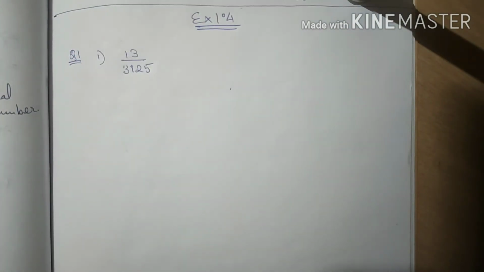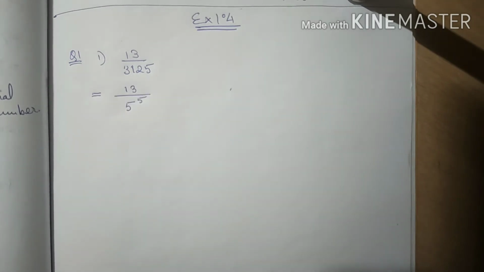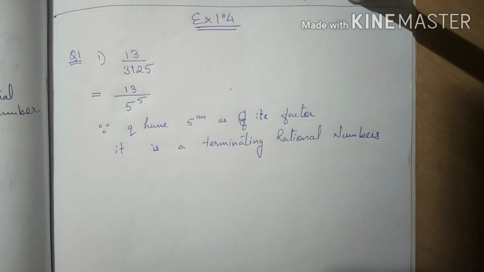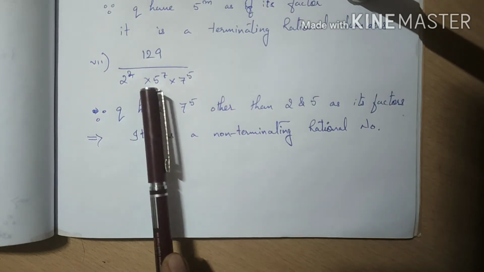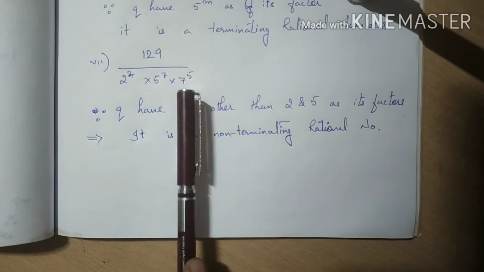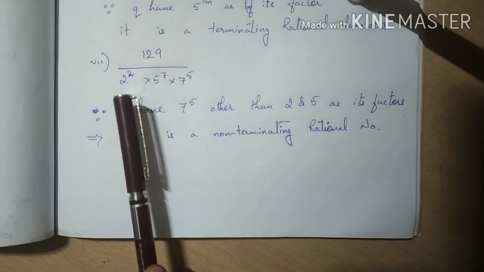In this question we need to check whether this is a terminating or non-terminating expansion. Simply finding the prime factors of 3125, we get this. So we can state that it is a terminating rational number. Let's do one more question. So here q has 2 and 5, of course, but it also has another number which is different from 2 and 5.